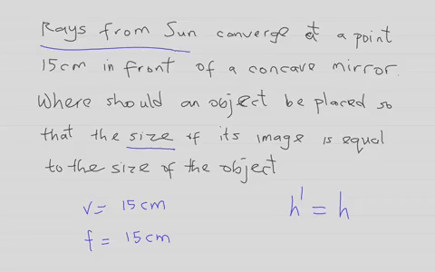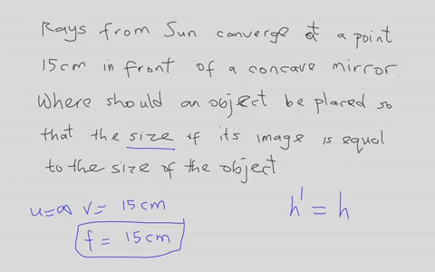Rays from sun, since the rays are coming from a very far distance, in that case, U is infinity, at a very far distance, and then the image is formed at F. The image is formed at F, and then F is going to be 15 centimeters in this case. In that case, F and V are the same.